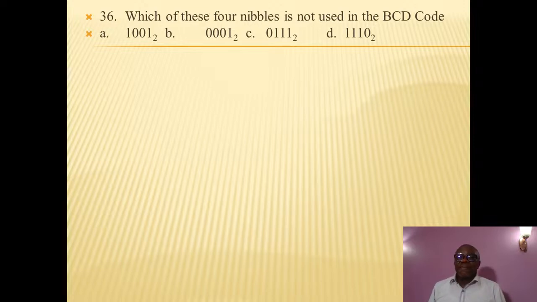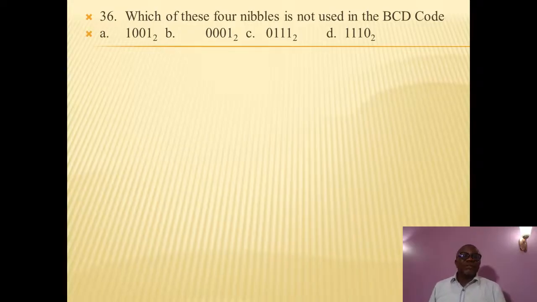So which one is not used in BCD code here? For your information, in BCD code, A, B, C, D, E, and F in base 16 are not used. So if you look at the bits here, A to D, you will now see one that falls there.